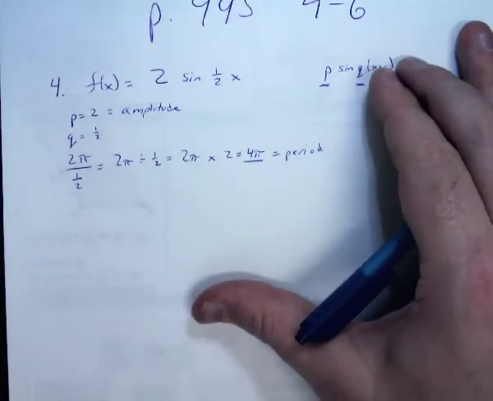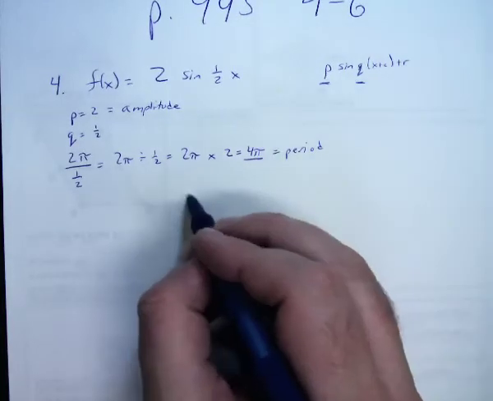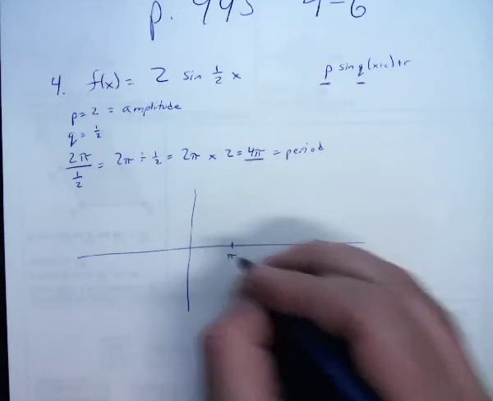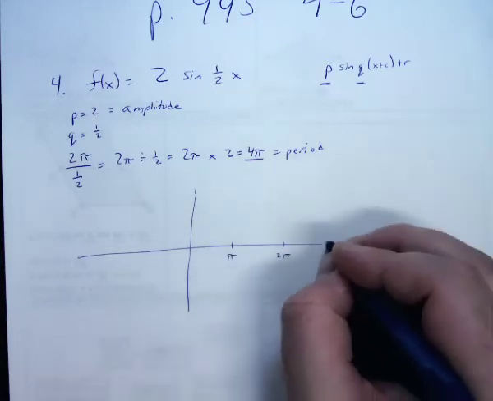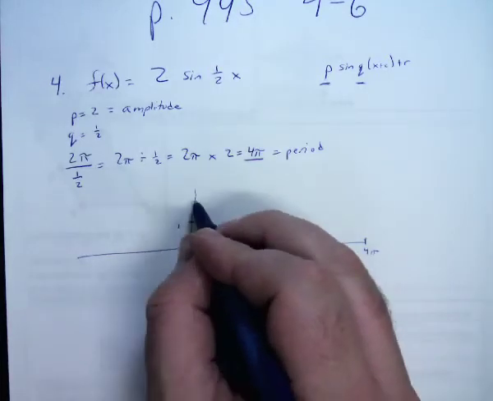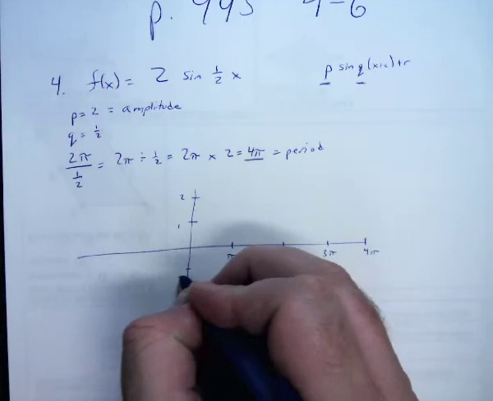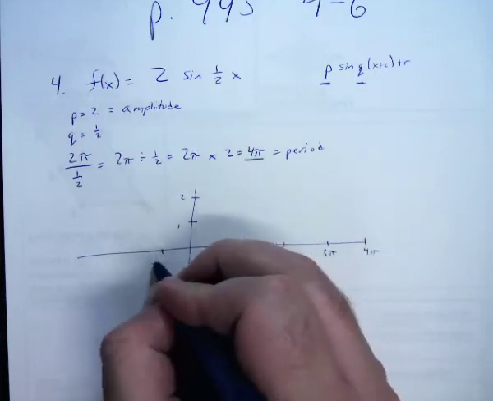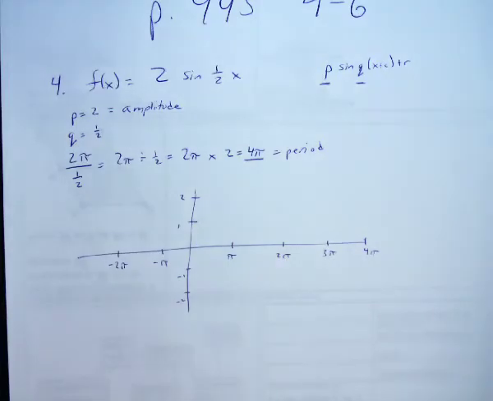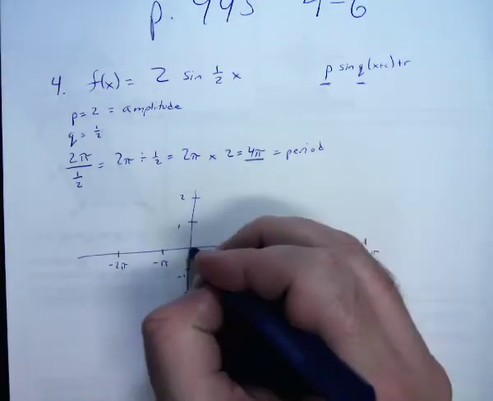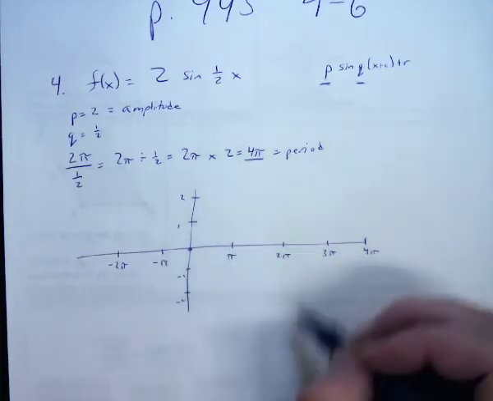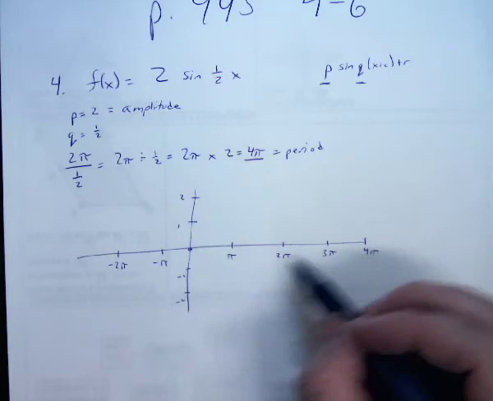Okay, so if we're actually graphing it, so here's pi, here's 2 pi, 3 pi, 4 pi, 1, 2, -1, -2, negative pi, -2 pi. That's good enough. Okay, so we know that sine starts at 0. And normally we do one hill up, one hill down, and we last 2 pi.